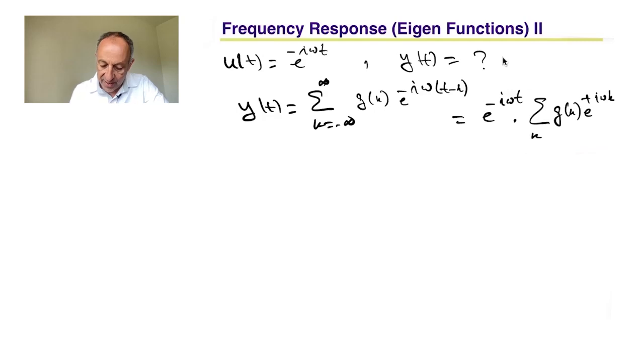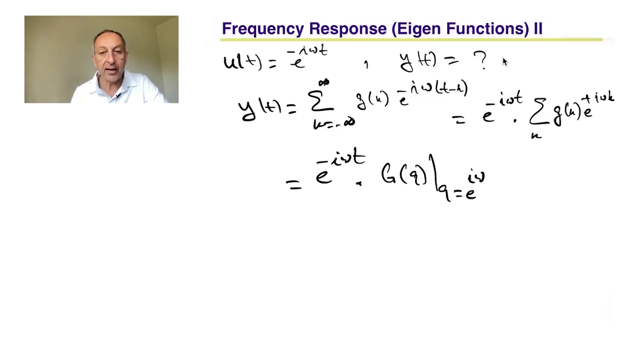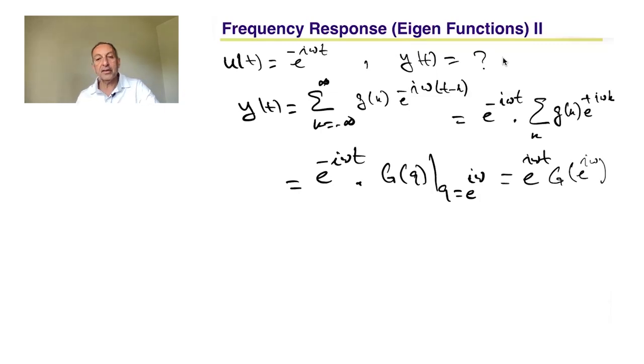So this quantity is e to the minus I omega t times G of q evaluated at e to the I omega, or I can write it as e to the minus I omega t times G of e to the I omega.